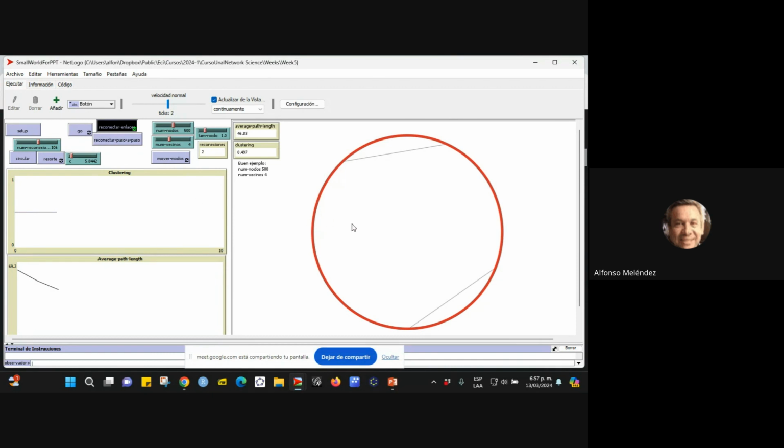I'm going to start to put edges. And look, the clustering varies little. This is a horizontal line. The clustering is not affected, but the average path length goes to 69. Now it's 20. Let's continue.